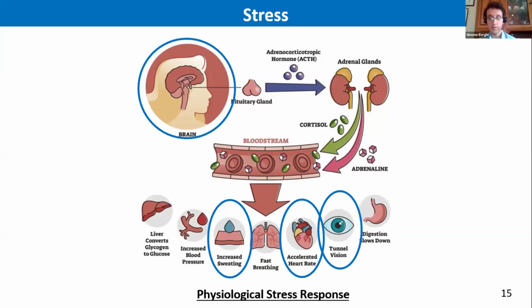Furthermore, and these are commonly used metrics in stress evaluation, the heart rate accelerates to bring blood to muscles and tissue. Sweating increases, which is necessary for thermoregulation, but also to facilitate slipping from the grip of a possible predator, if we think about this. And the pupillary diameter increases to gather more peripheral vision, useful for identifying escape routes.